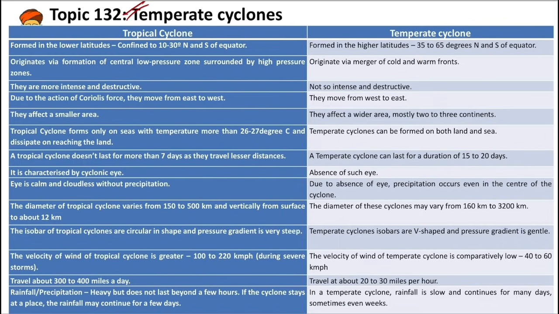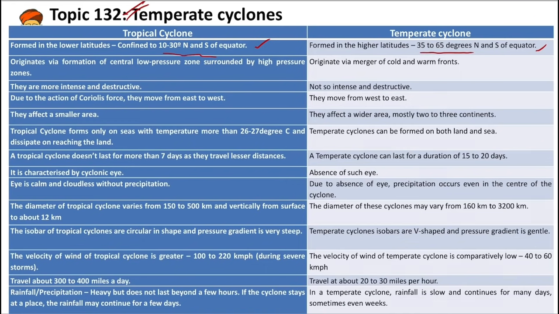The first important difference is that tropical cyclones are usually formed in lower latitudes, whereas temperate cyclones are formed in higher latitudes. Tropical cyclones are closer to the equator, whereas temperate cyclones are far away from the equator. 10 to 30 degrees north and south is the region where we can find tropical cyclones, whereas temperate cyclones are at 35 to 65 degrees north and south.